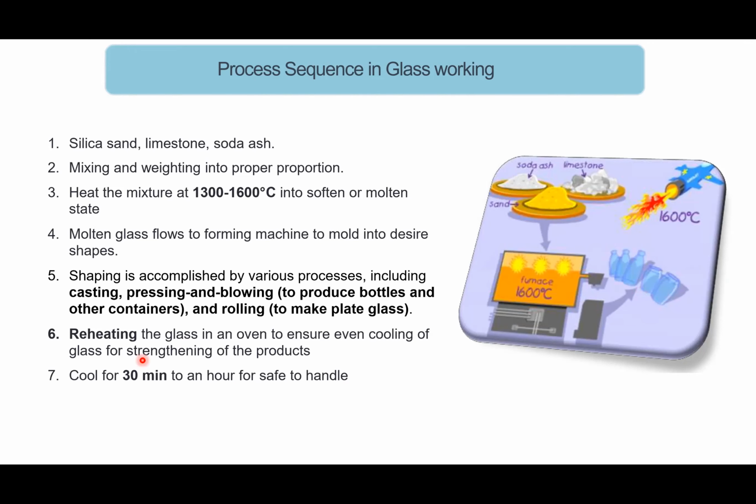For safe handling, the general procedure is to wait about 30 minutes for cooling of the final item, and then handle it. The glass products are then decorated, inspected again, and finally packaged. So do you have any questions till now?